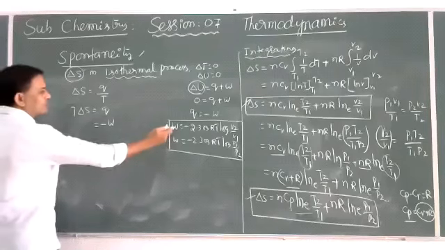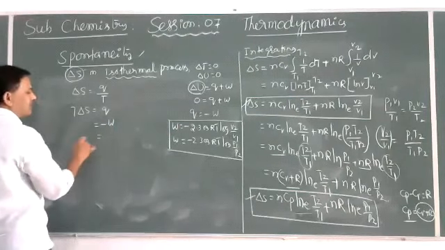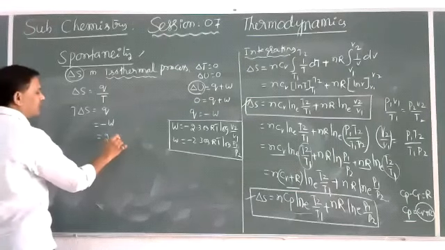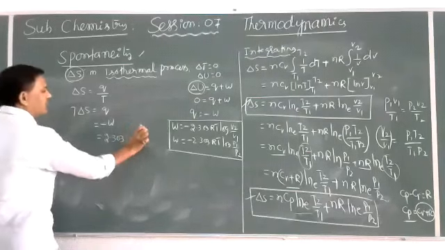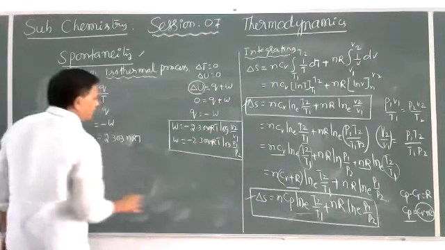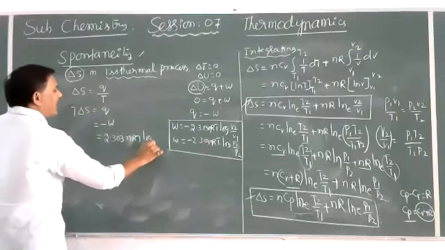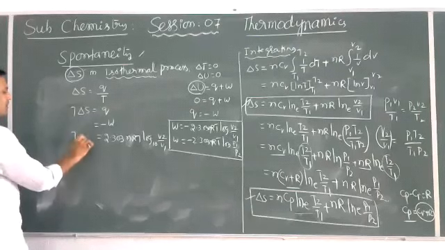So instead of W, we can write here 2.303 nRT log base 10 V2 by V1. This is T delta S.